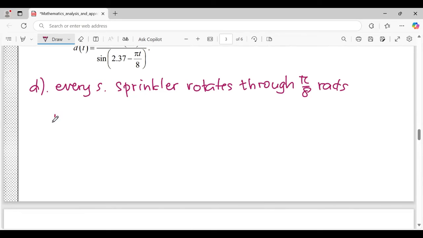So it means alpha equals pi over 8 times t, because it is every second, and from A to D, that is t.